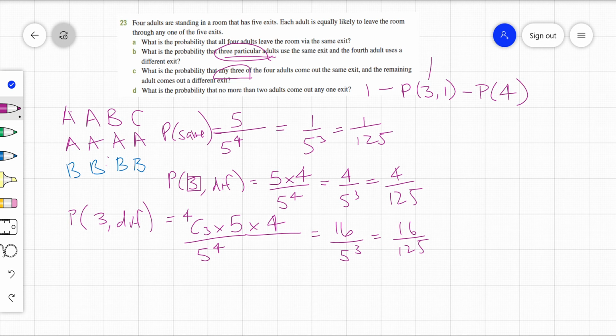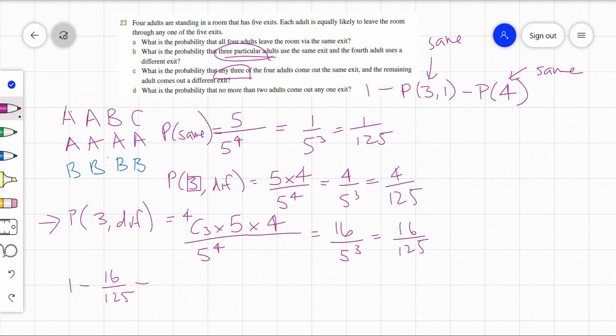It's easier to do it that way, I think, because we've already done 3 in the same, and 4 should be much easier. So we've got 1 minus. We've already done 3 the same and 1 different, which is 16 on 125.